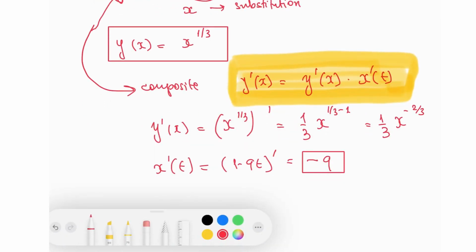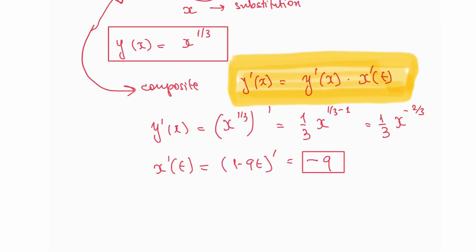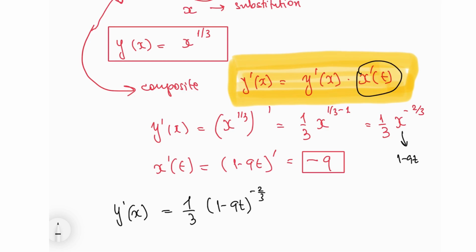So y prime equals 1 over 3, but x is 1 minus 9t, so we can write 1 minus 9t to the power negative 2 over 3, times x prime of t, which is minus 9.